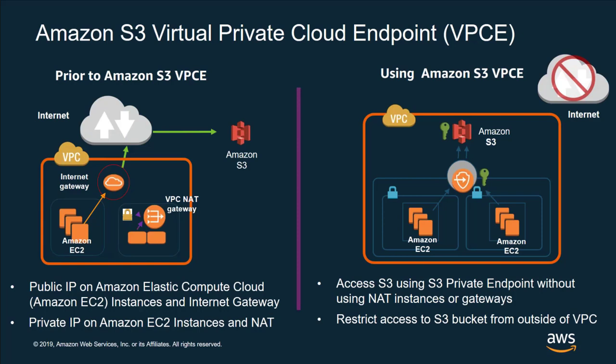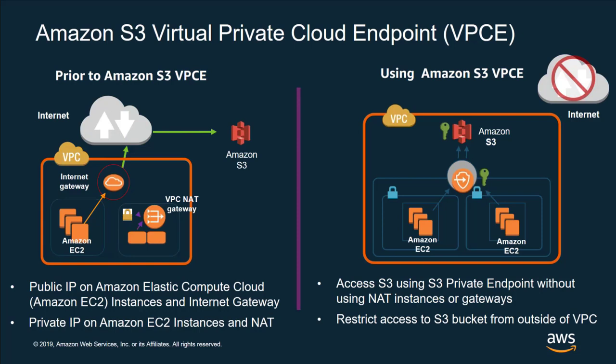As you can see on the left-hand side of the slide, in order to access S3 from your VPC, you would have to create an internet gateway and route those calls over the internet into S3. There is a cost associated with internet gateways, and people wanted to make sure they have a private connection to S3. So we introduced the VPC endpoint.